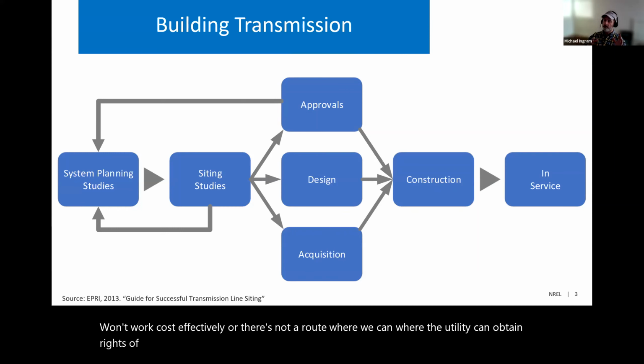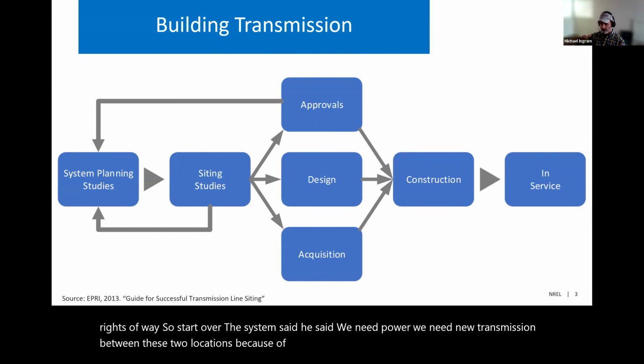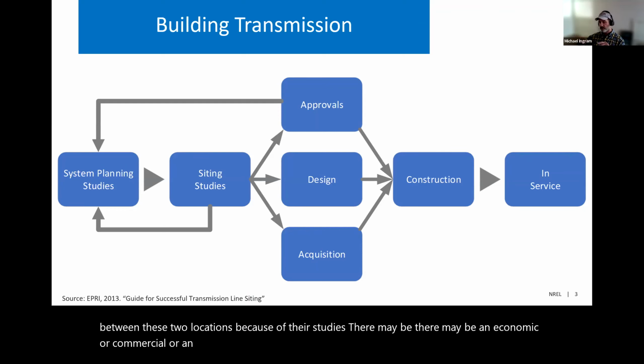So start over. The system study said we need power, we need new transmission between these two locations because of their studies. There may be an economic or commercial or an environmental constraint that cannot be effectively overcome, so they start over.